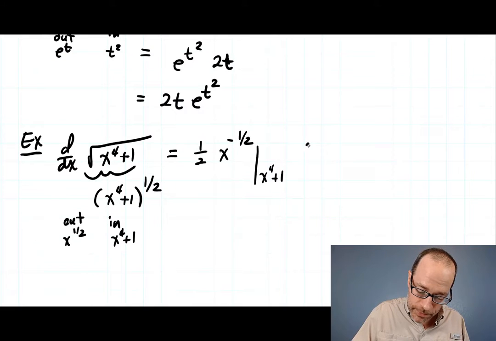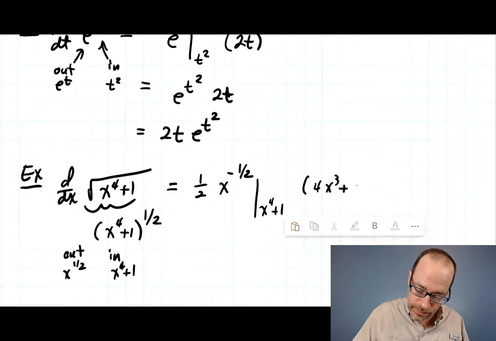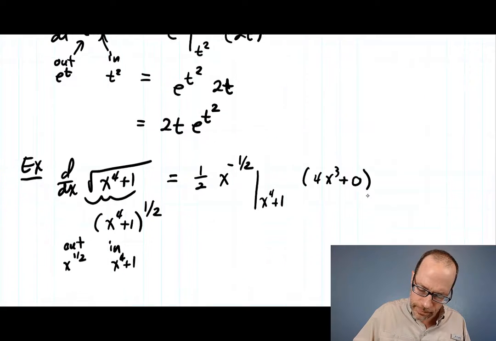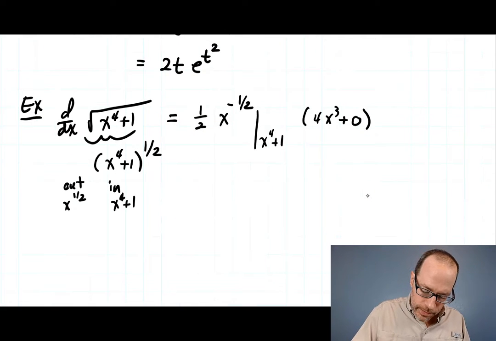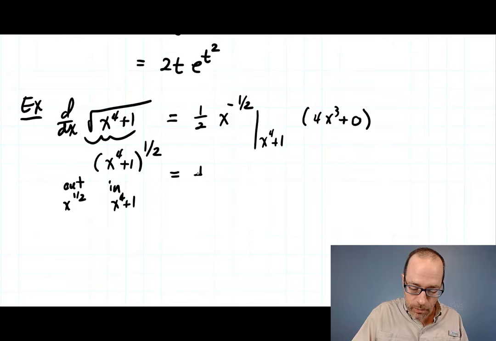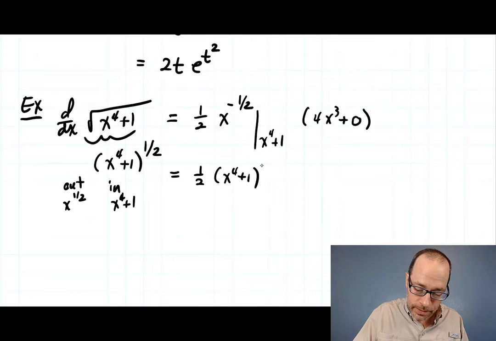Then I multiply by the derivative of the inside, so that's 4x cubed plus 0. All right. So here we get 1/2 times x to the fourth plus 1 to the minus 1/2 power times 4x cubed.